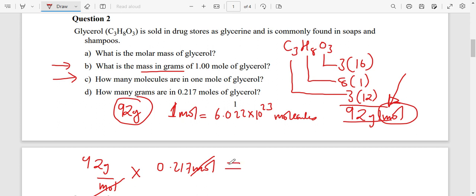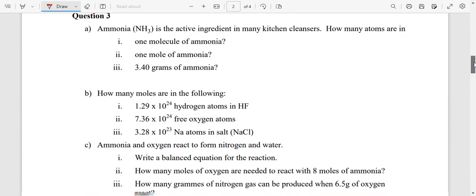What do you get when you multiply, if you have a calculator near, 92 by 0.217? That will be 19.964 grams. So that will be the mass. We are good with question 2.